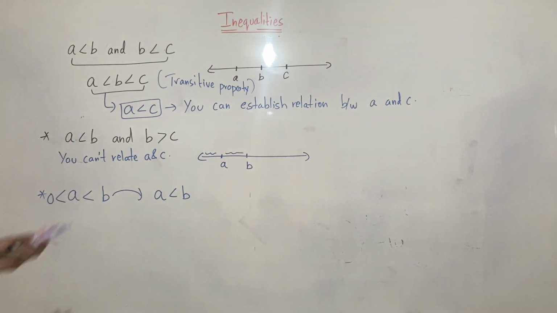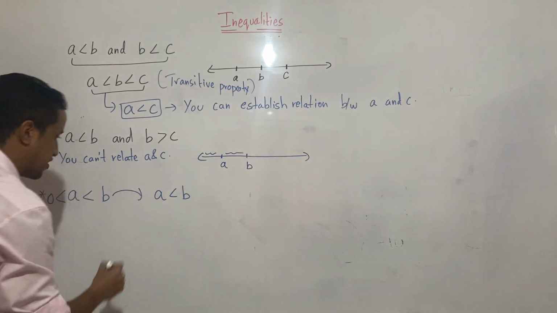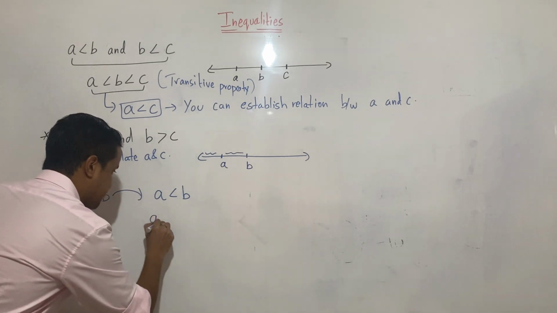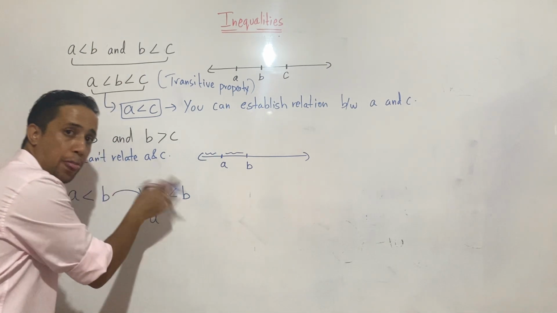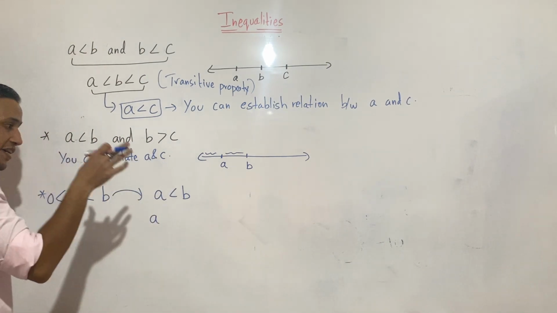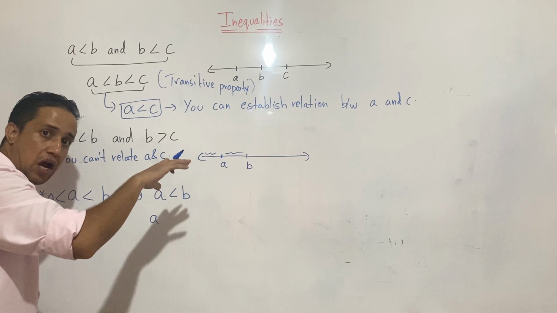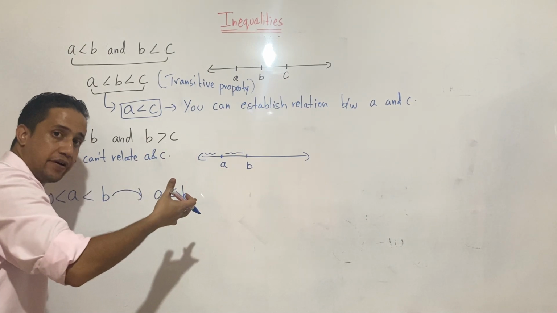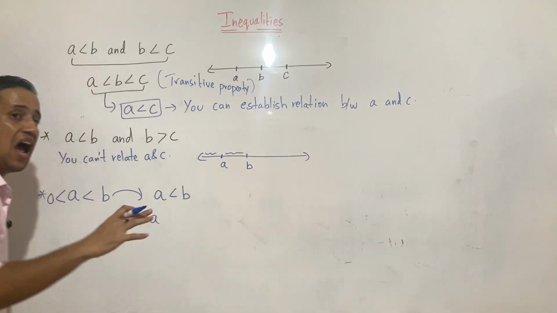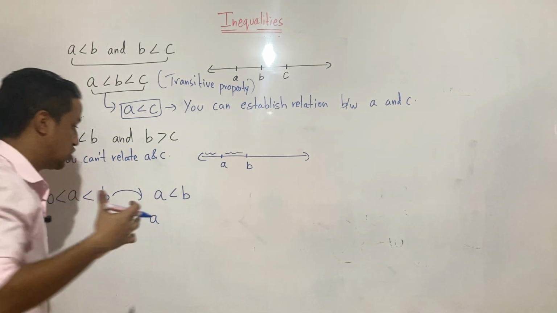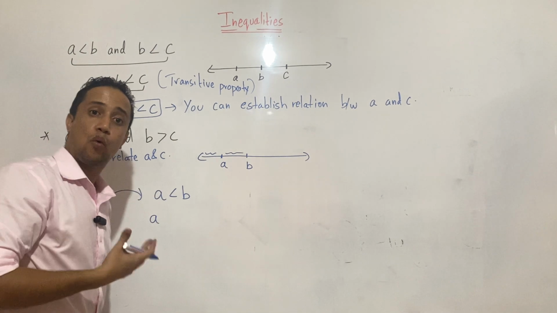Now from here I can say that if I raise the bases on either side of the inequality to some power, and that power must be the same on both sides, then how is it going to affect the inequality, right?